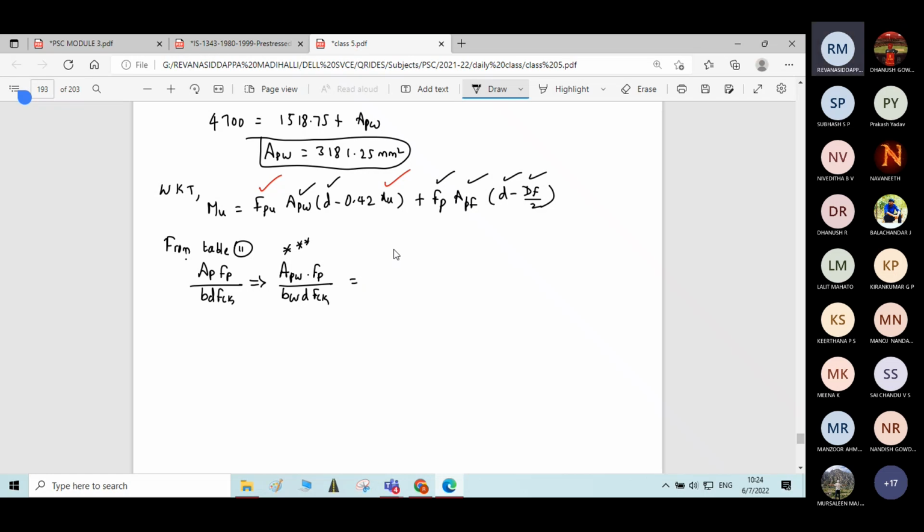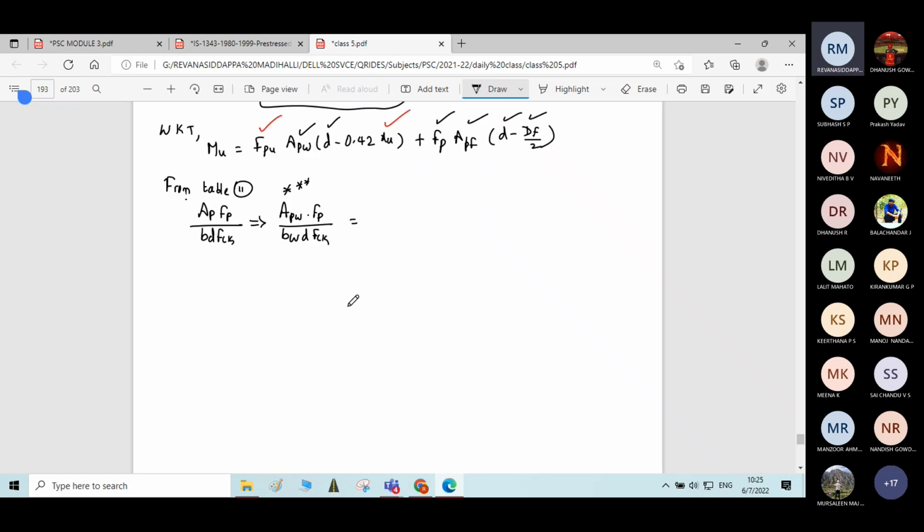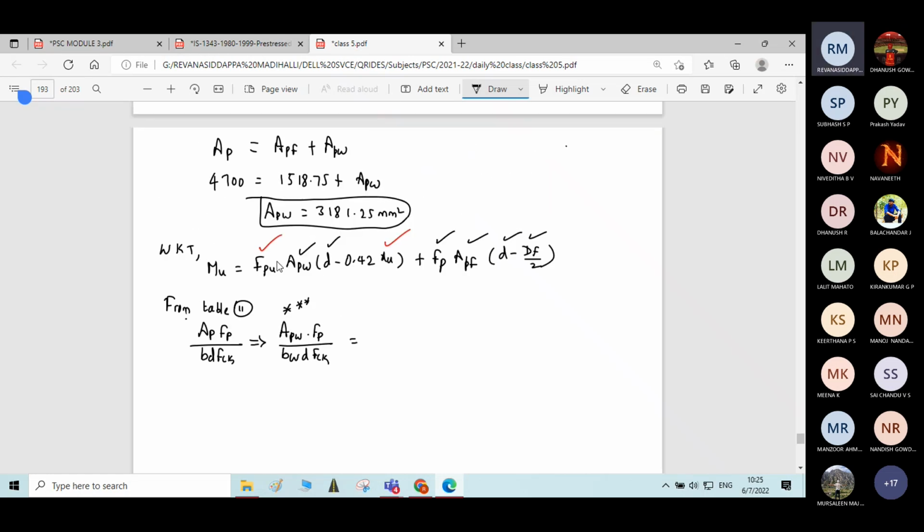Now, substitute all corresponding values. APW, just now we have determined, is 3181.25, into FP, we know already it is 1600, divided by width of web 300 mm into effective depth 1600 mm into FCK 40. If we calculate the ratio, we will get the ratio as 0.265.